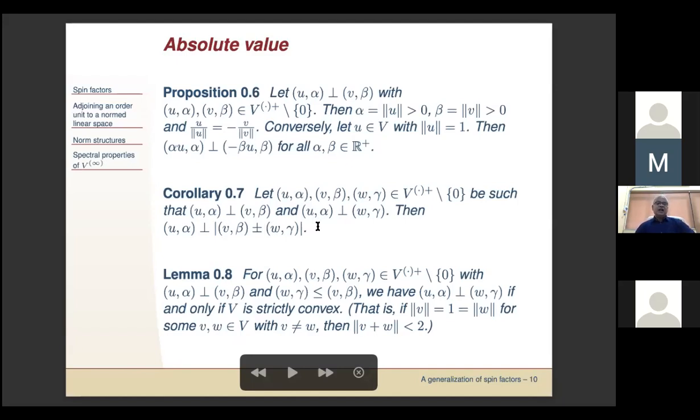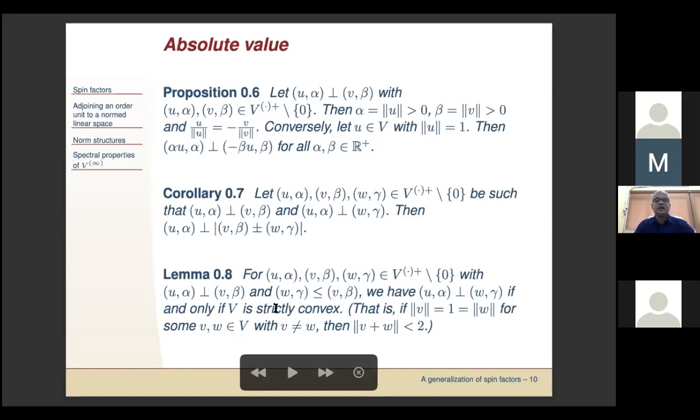Now comes the thing I would call the backbone of this, and I will tell you why. First let me state the result. Again take three pairs, U alpha, V beta, and W gamma, positive, non-zero, and assume that U alpha is orthogonal to V beta and W gamma is less than or equal to V beta.